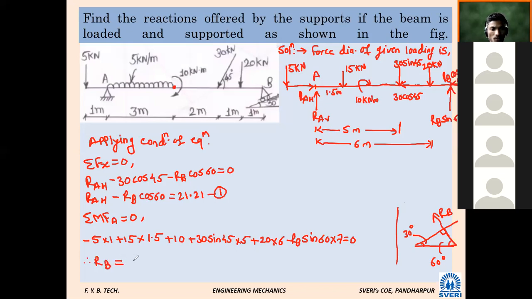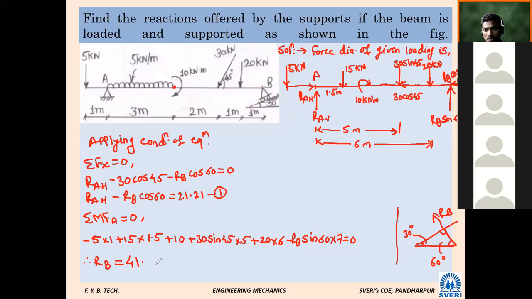Only RB is the unknown. Who will tell me? 41.83. Any other? Who is giving the answer?